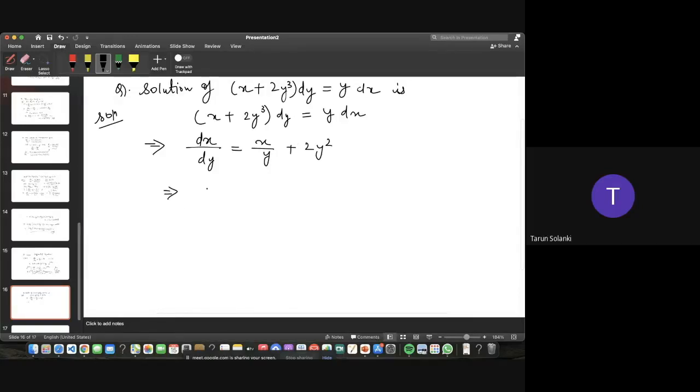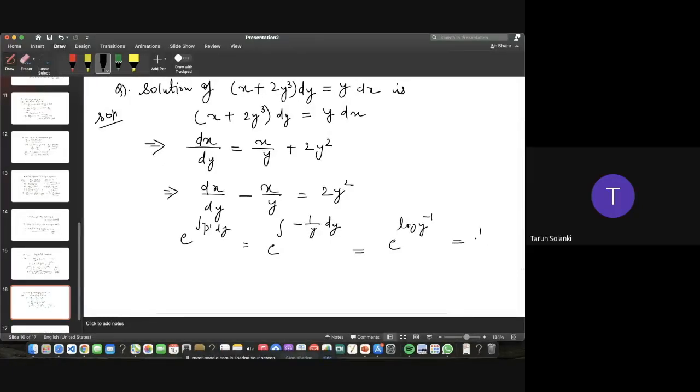Similarly, it becomes dx/dy - x/y = 2y^2. So the integrating factor is e^(integral P dy) = e^(integral -1/y dy), which becomes e^(log y inverse), which is 1/y.